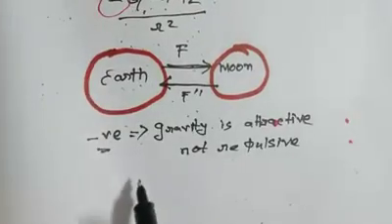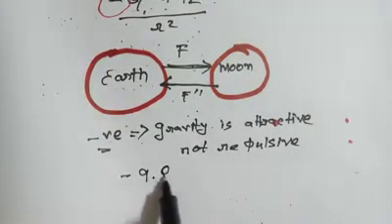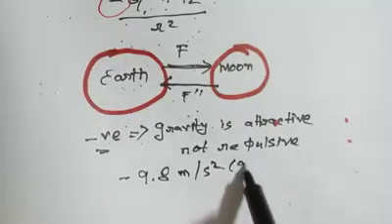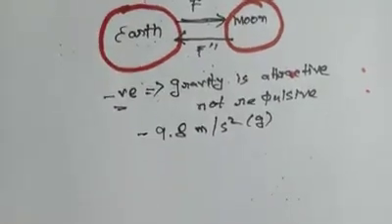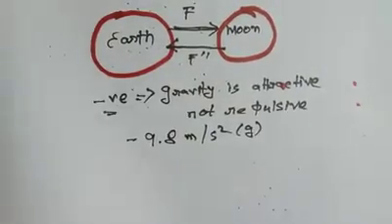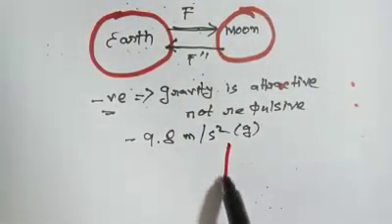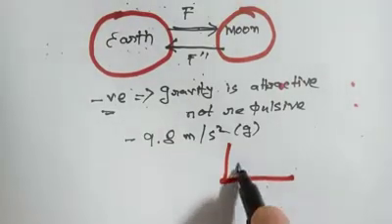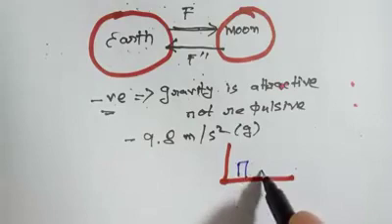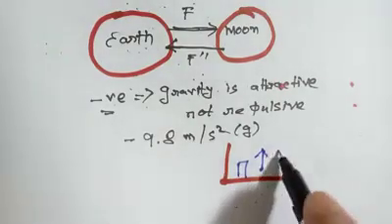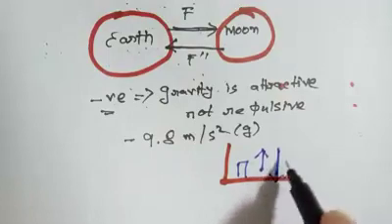Also you will find minus 9.8 meter per second squared, which is the small g gravitational acceleration, is also negative in vector form. The reason being that it is simple. If we draw a small graph and put an object over here, and if we are accelerating that object up in this direction, gravity is always pulling it down.